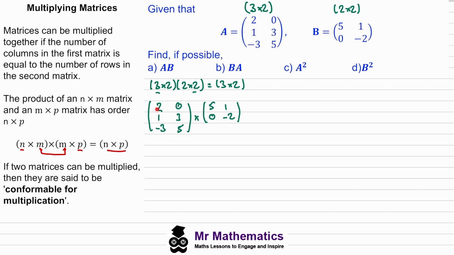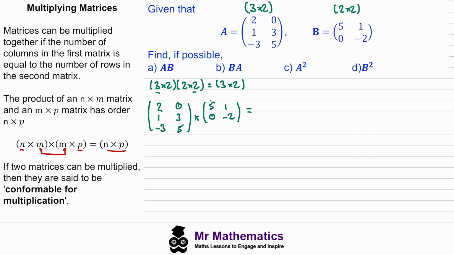Then the elements in the first row multiplied by the elements in the second column. Second row, first column, and then the second row, second column. Third row, first column, and the third row, the second column. So we'll begin with the first row and the first column.